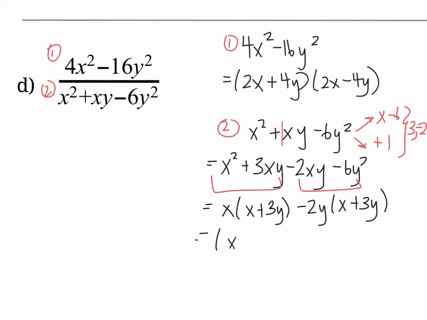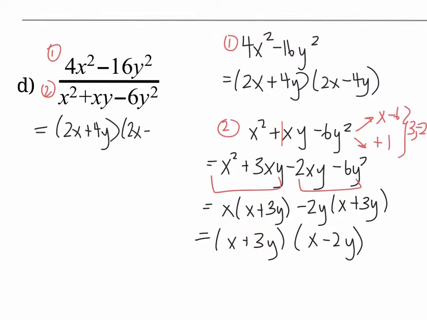Let's keep on finishing this guy up. So we've got x plus 3y in common, and we've got x minus 2y. Done. So now that that's all factored, we're going to put it all together. Our numerator is 2x plus 4y, 2x minus 4y, all over x plus 3y and x minus 2y.